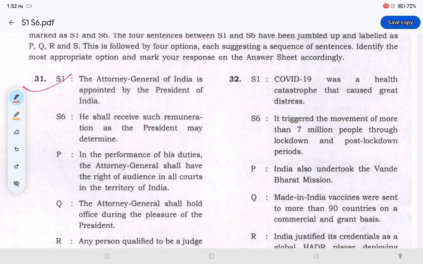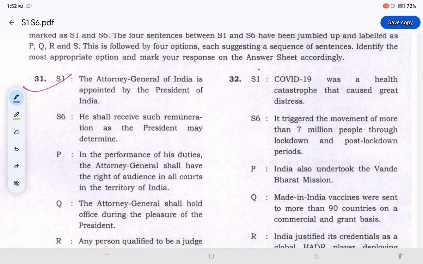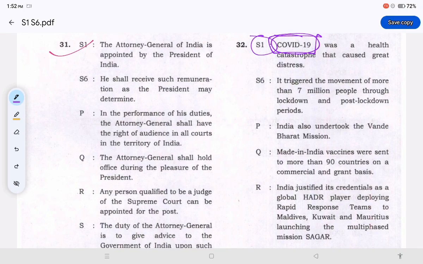Now, what does sentence 1 tell us? Sentence 1: COVID-19 was a health catastrophe that caused great distress. So the main subject is COVID-19, remember. Sentence 6 tells it triggered the movement of more than 7 million people through lockdown and post-lockdown periods.